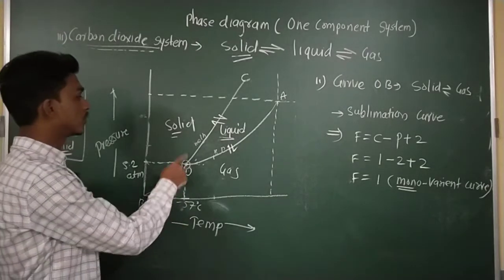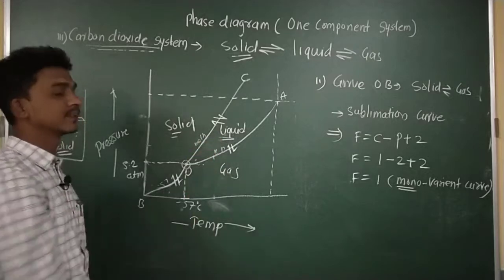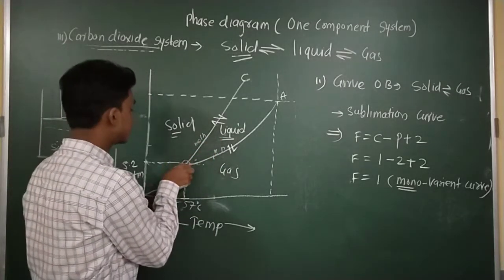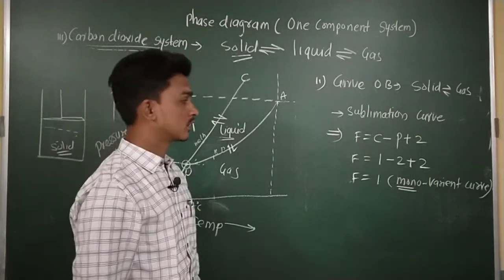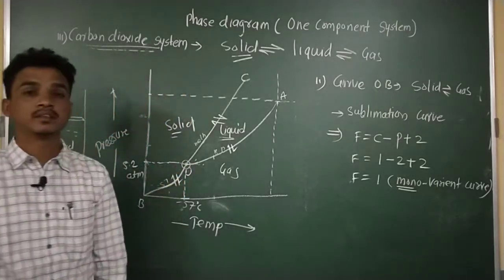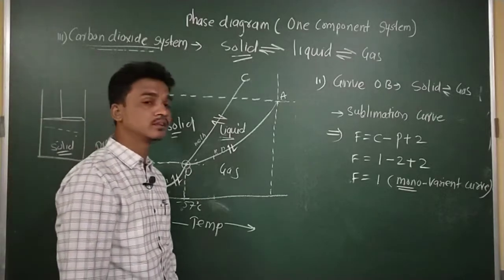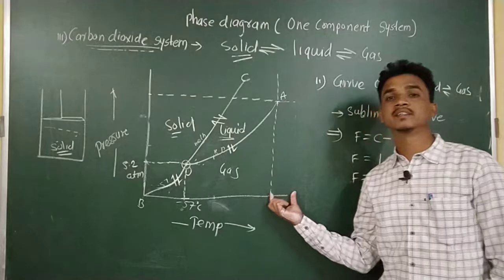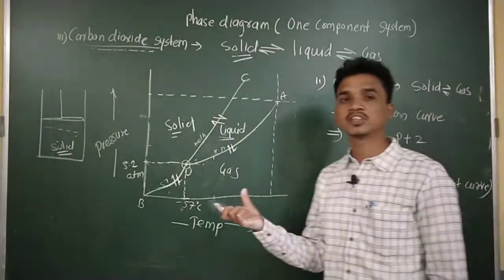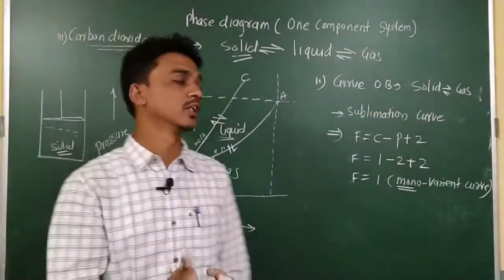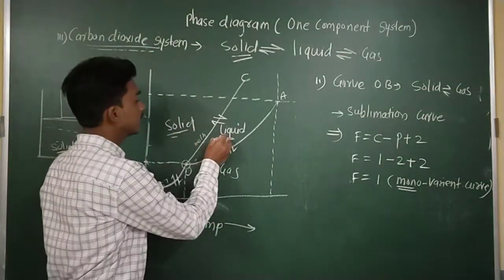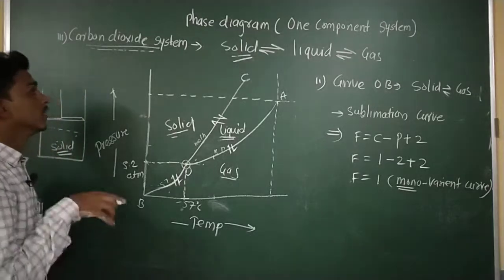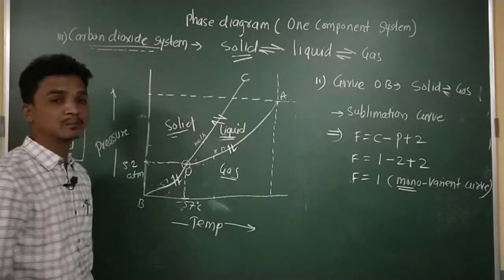At this triple point three different phases exist in equilibrium. So we can say at this point the system is a non-variant system. That means you cannot change the temperature, you cannot change the pressure if you want solid, liquid and gaseous carbon dioxide in your beaker or in your experimental glassware.